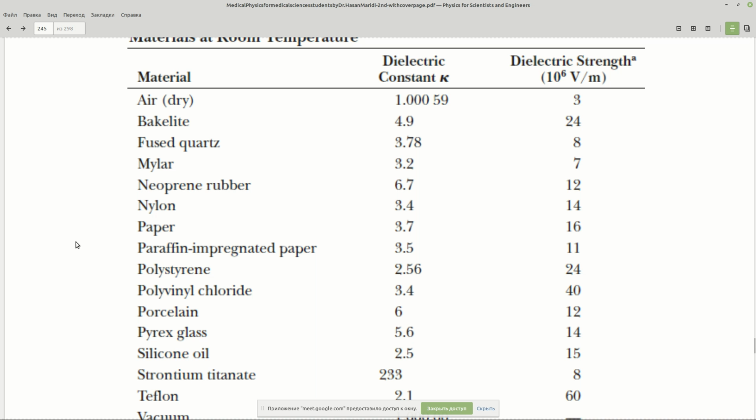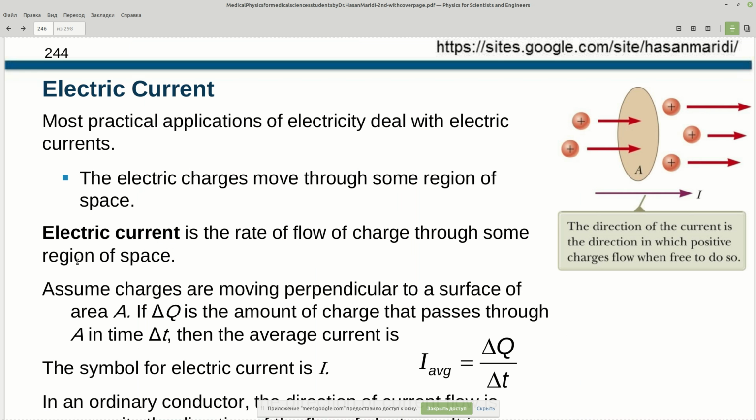Materials that obey Ohm's law are said to be ohmic. Most metals obey Ohm's law; most of them are ohmic. Materials that do not obey Ohm's law are said to be non-ohmic.